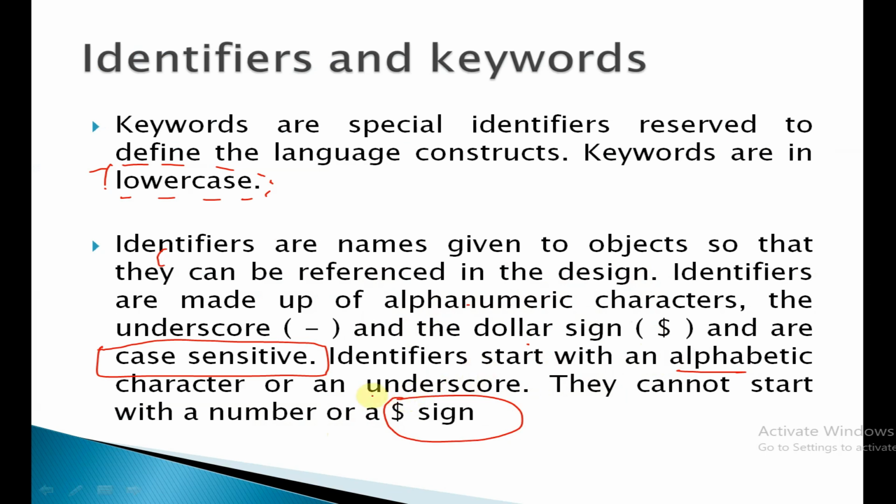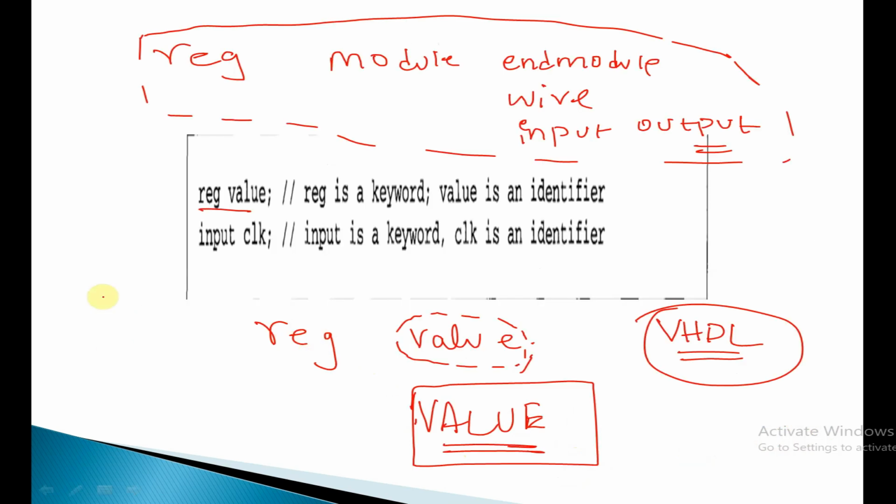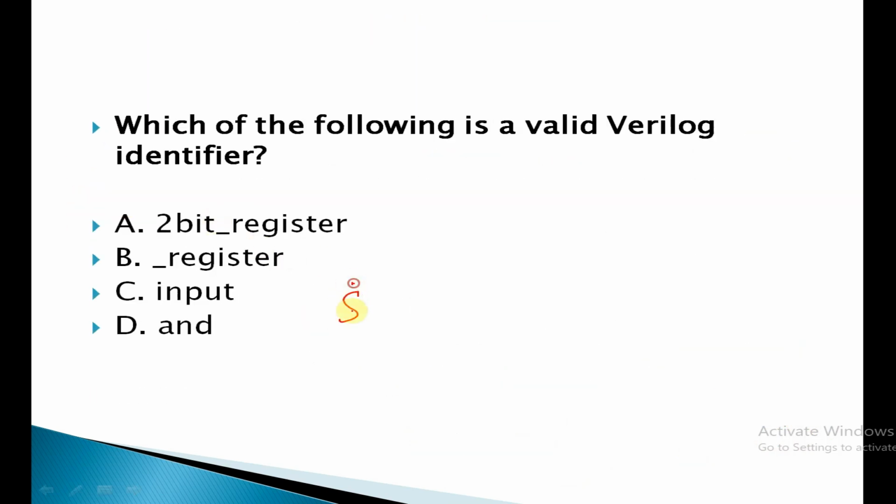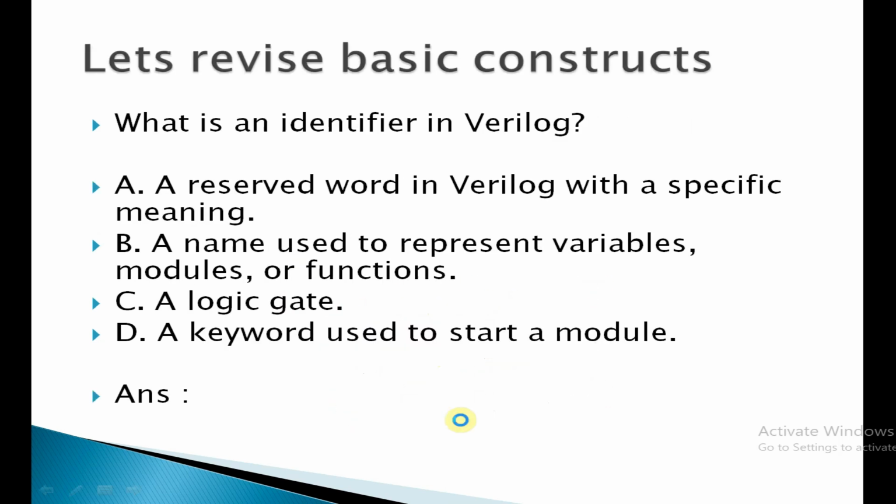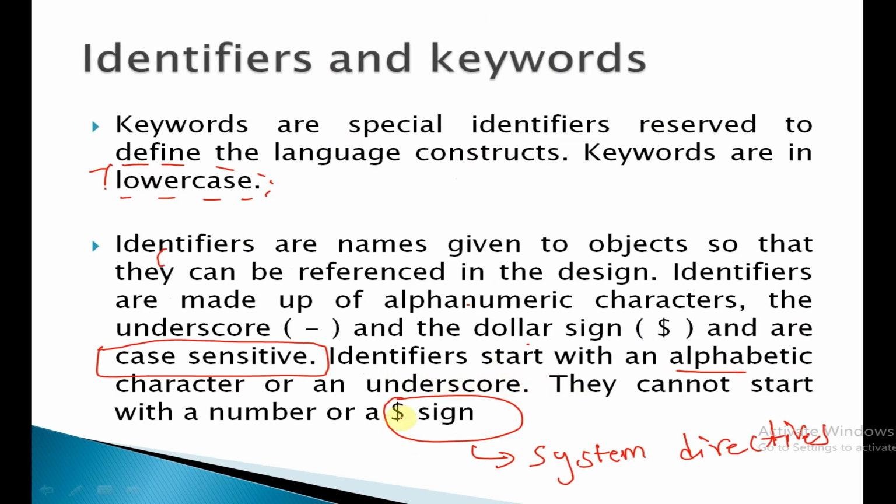Keywords starting with a dollar sign are system directives, for example $display and $monitor. All of these start with a dollar symbol, so you should not use any identifier with a dollar sign at the first position.